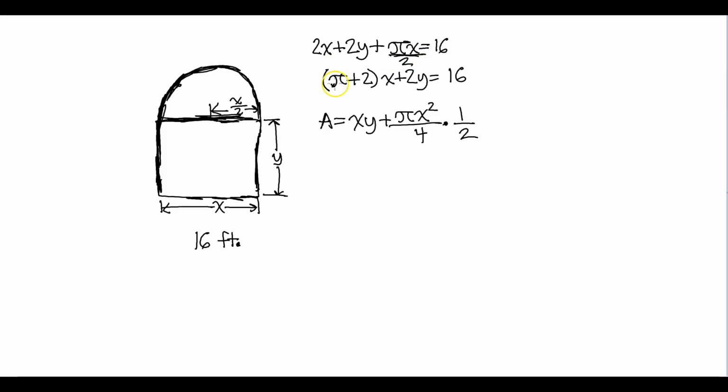So we have pi r, 2 pi r over 2, the circumference of a semicircle, and pi r squared divided by 2, the area of a semicircle. So that gives us xy plus pi x squared over 8.